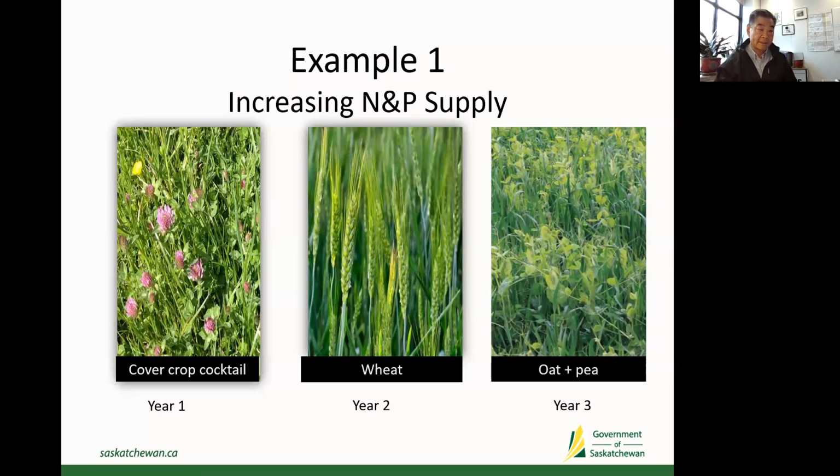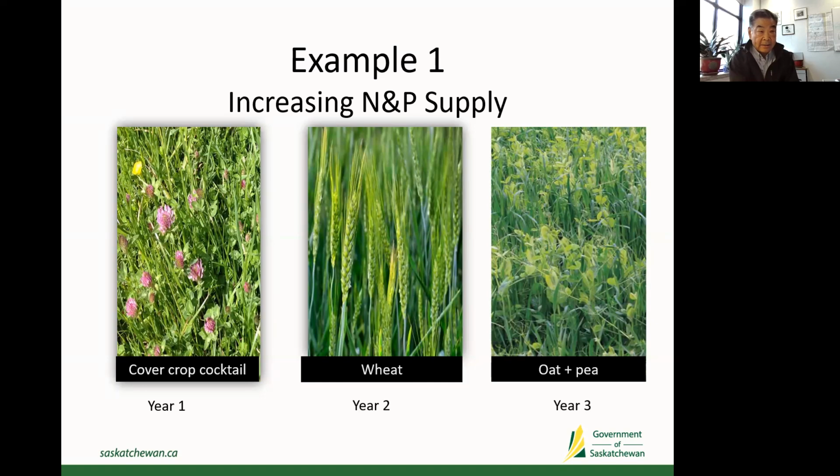In this case, like wheat, if you grow wheat following a cover crop, you probably not only get a higher wheat yield, but also have a higher protein concentration, which would give you more return in the second year. And then in the third year, you actually could grow oats and pea intercrop.